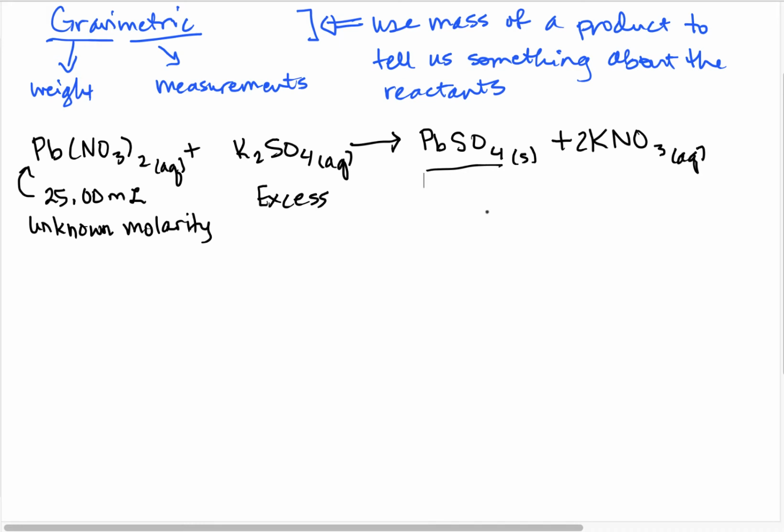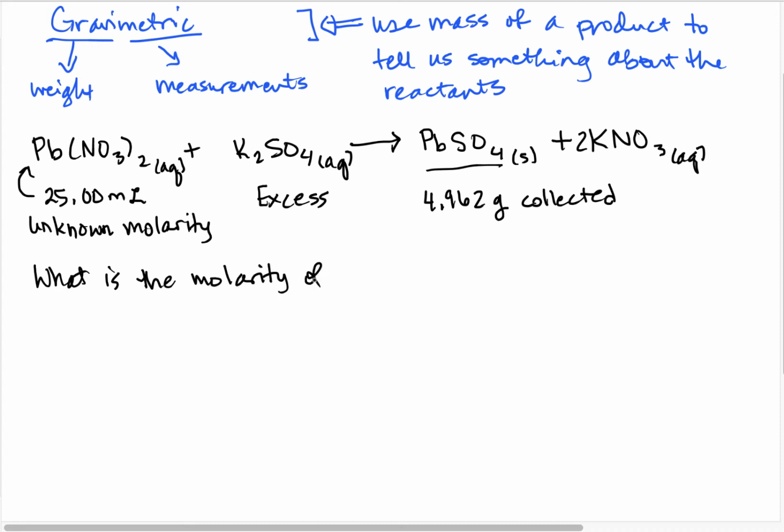So what if we get something like 4.962 grams of lead sulfate that we collect? The question that we are going to try and answer here is, what is the molarity of the lead nitrate?